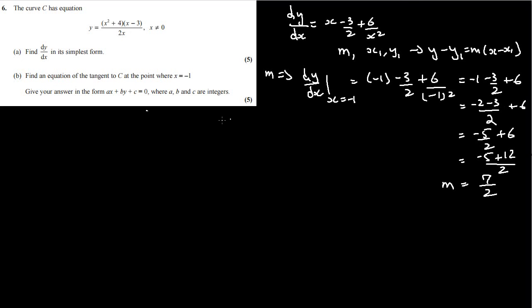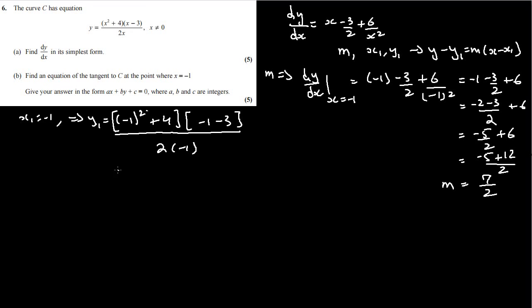Now x1 I already know is minus 1, so y1 can be achieved using this equation by putting minus 1. So I have minus 1 squared plus 4 into minus 1 minus 3, so I'm putting minus 1 for x here, and then you have 2 into minus 1.